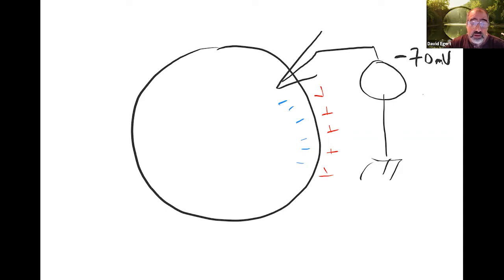And so given that we have this situation where it's negative inside with respect to outside, and then I look at some cation, maybe sodium. What is going to happen to this? What's it going to want to do?